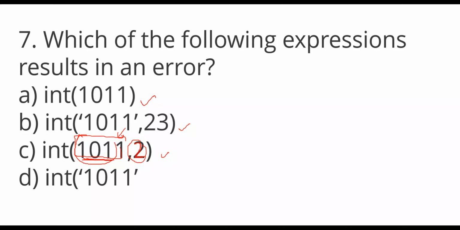The expression int(1011, 0) results in an error, because within the quotations we have written 1011, but without quotations it will simply be an integer number. So how can you say that an integer number is in binary form? You cannot. So this will be the wrong notation.